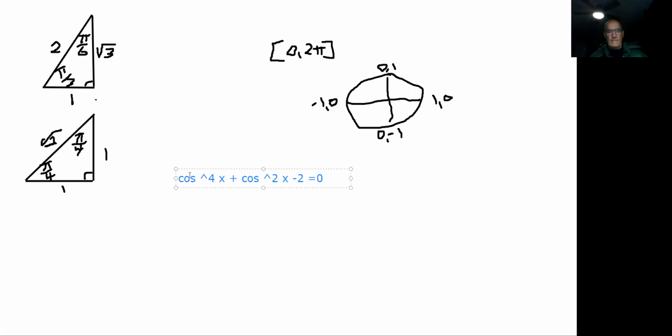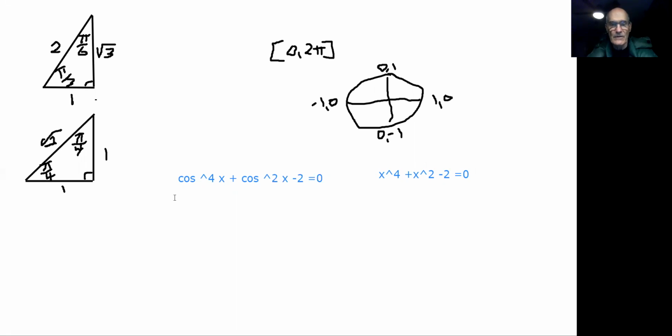Now, if you look at this, what you have here is the same thing you would have in an algebraic equation if you were looking at something like x to the 4th plus x squared minus 2 equals 0. See, it's the same thing, except your base now is cosine x instead of just plain x.